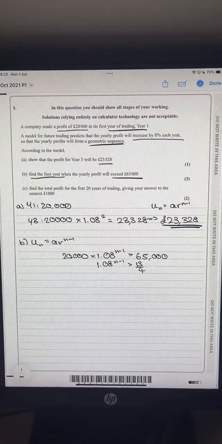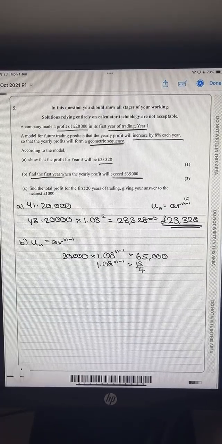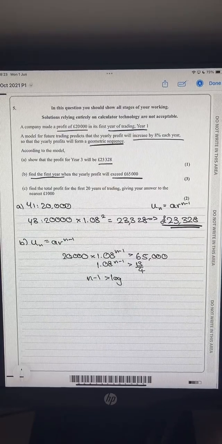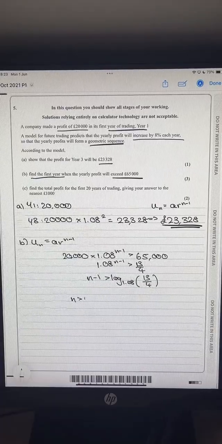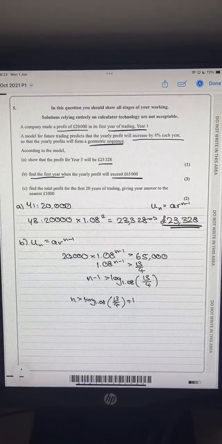And then I need to take logs of both sides. So I'm going to take log base 1.08 of both sides, just so I can use my log law and bring this power down. So I just have n minus 1 is greater than log to the base of 1.08 of 13 over 4. And then I'm solving for n. So n is going to be greater than this thing here plus 1.